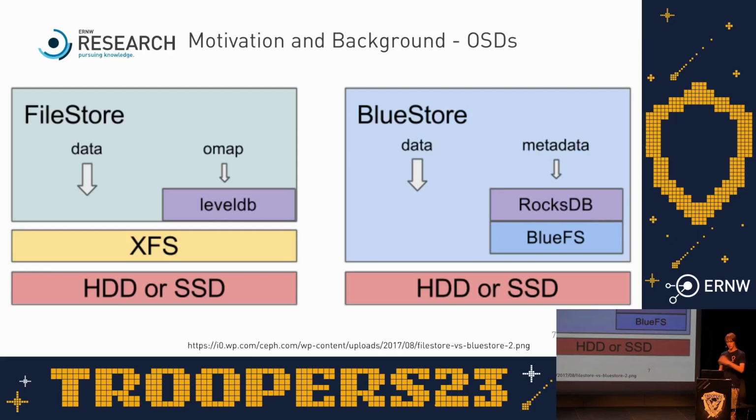And the only purpose of this file system is to store the RocksDB, which is the key value store that tracks the metadata, because they didn't want to implement it on their own on the raw device. But the rest of the data, like the objects, the actual content, is managed by the Ceph daemon on the OSD without an intermediate file system.